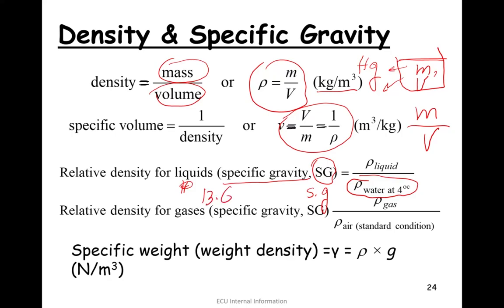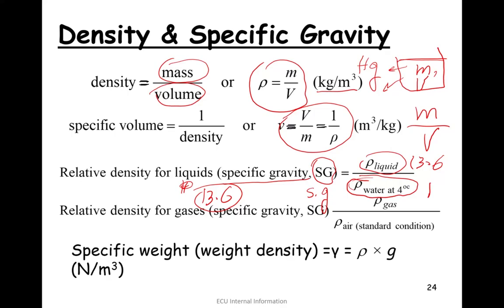What that means is, this is the liquid, in this case Hg, 13.6, and this is water, which we call 1. So the specific gravity or relative density of mercury in this case is 13.6, which is 13.6 times heavier than water.